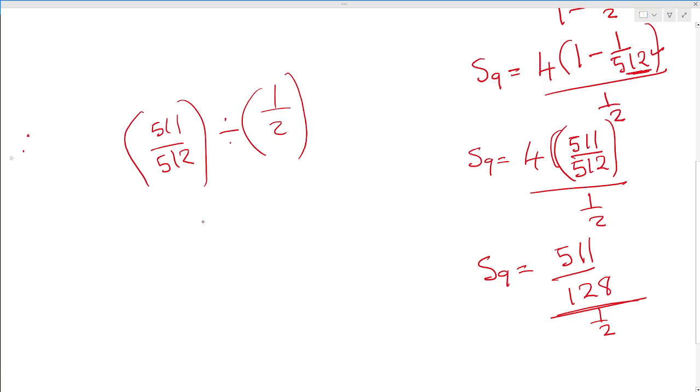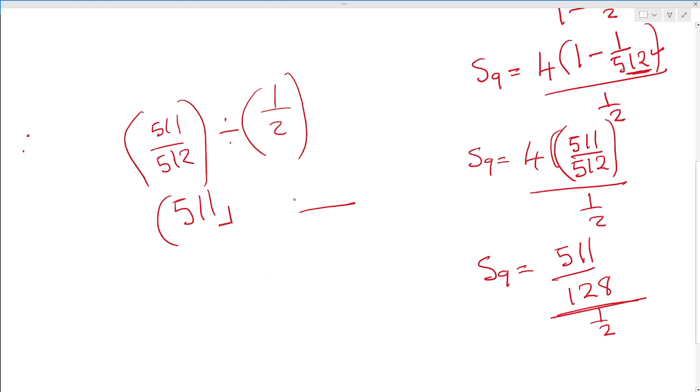For you people with Casio calculators, it should say something like open bracket 511, and then this button. Okay, that's how it shows on your calculator. It shows like an inverted L, an L facing to the left. The fraction button should look something like AB over C on your calculators.